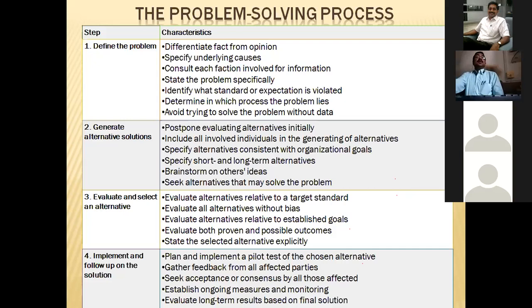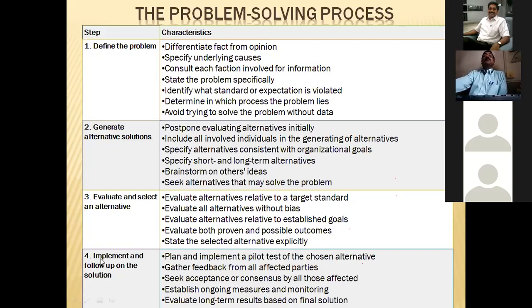Which is the best, feasible solution that we have to give for any problem? The steps are: evaluate all alternatives without bias, evaluate alternatives relative to established goals, evaluate both proven and possible outcomes, and state the selected alternative explicitly. We have to select the correct alternative for solving our problem. Okay, so we have to evaluate and then select.